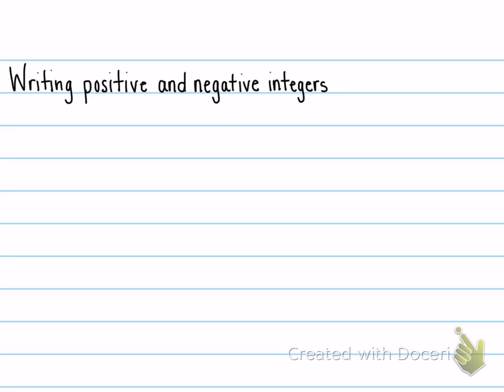The next thing we're going to talk about is writing positive and negative integers. You need to look for key words in the situation that will tell you if it represents a positive or a negative number. For example, if you get a statement that says you withdraw $42 from an account, you need to understand that the word withdraw means you are taking money out.